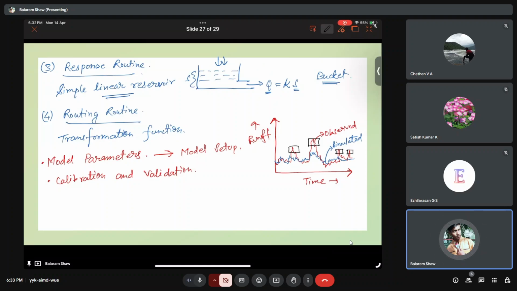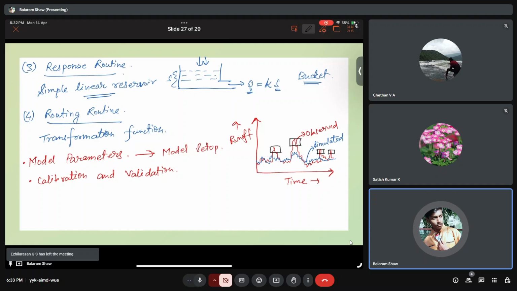So from here you can understand whether the simulated runoff can be used or not, or whether you have to change the parameters. By visual inspection also, you can assess whether the set model is good enough. Other than that, you can see the accumulated difference and so on.